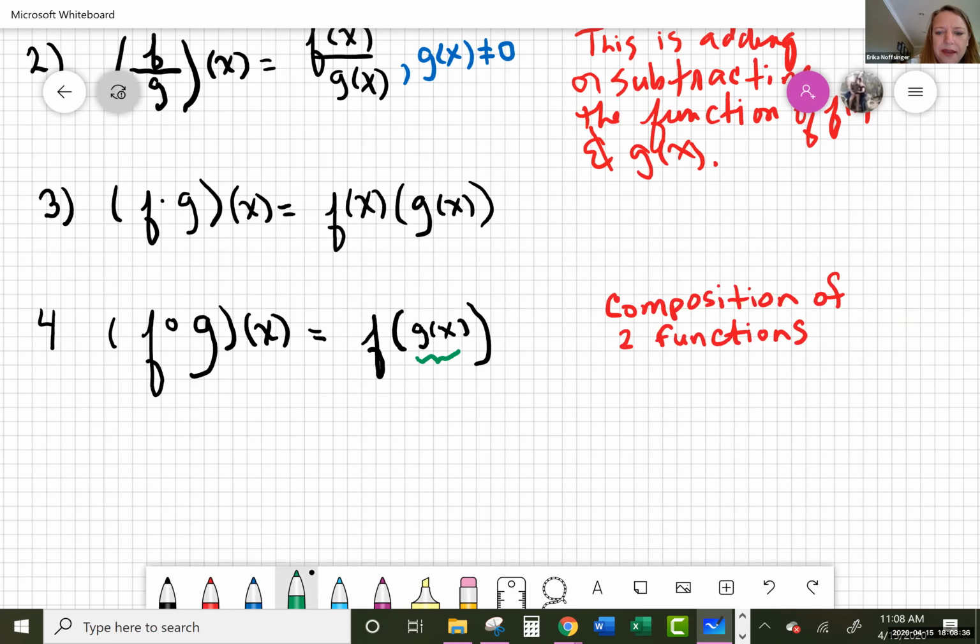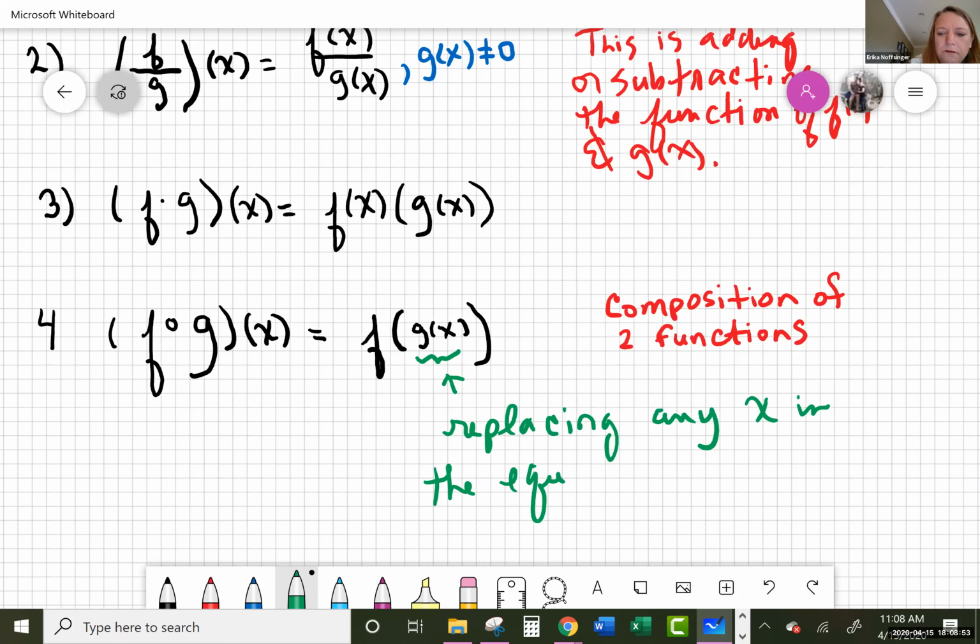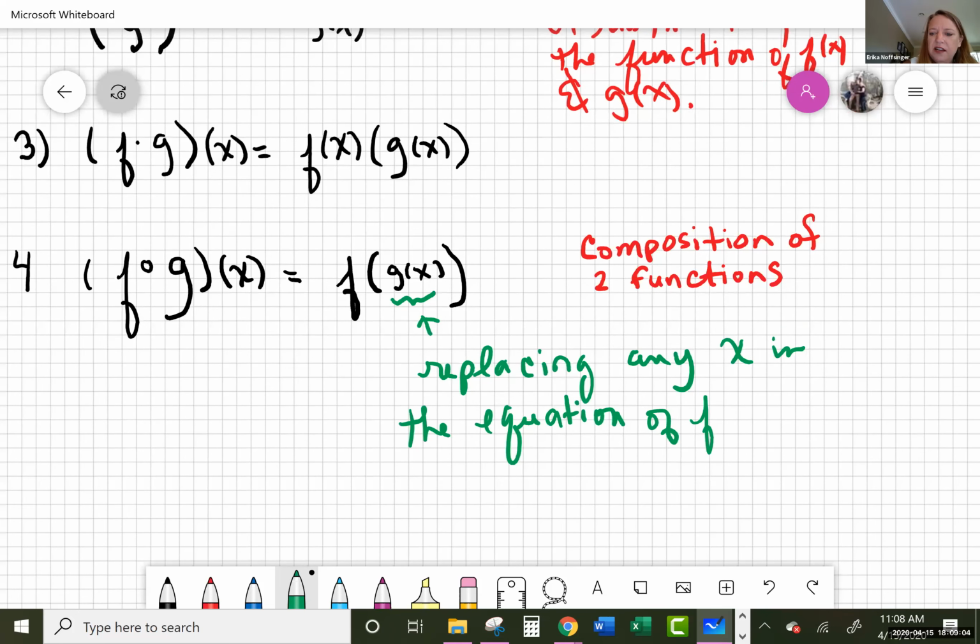And again, we'll come back and talk about this, but you're replacing any x in the equation of f of x with the equation of g of x.